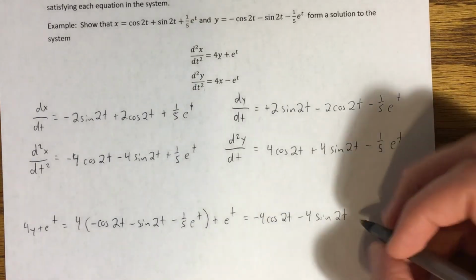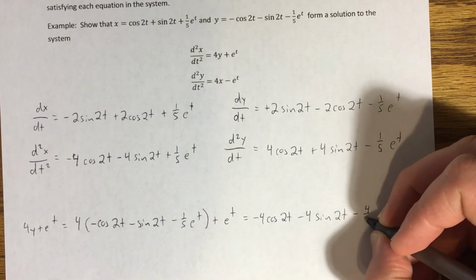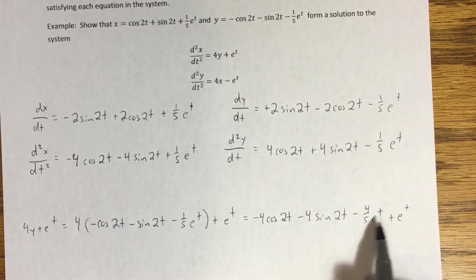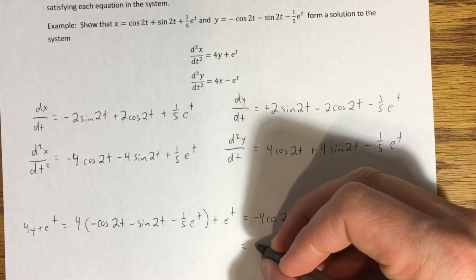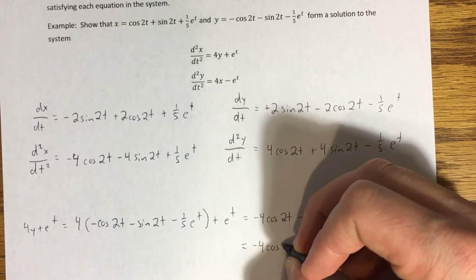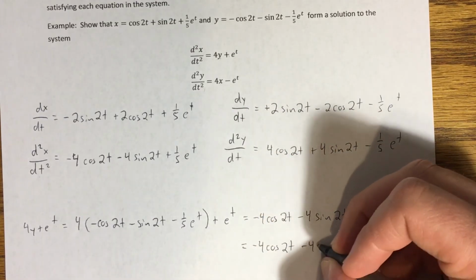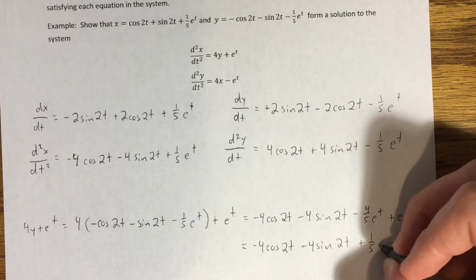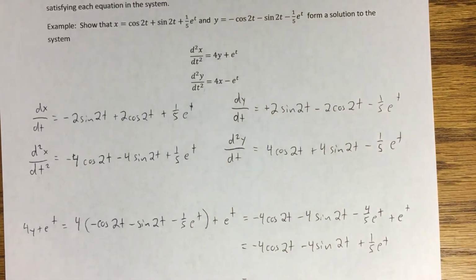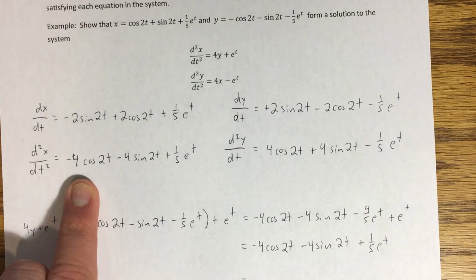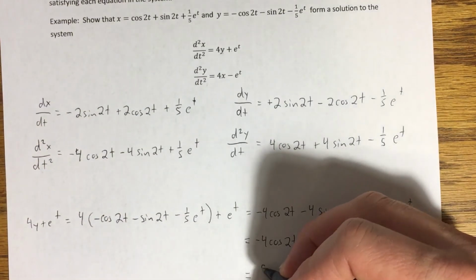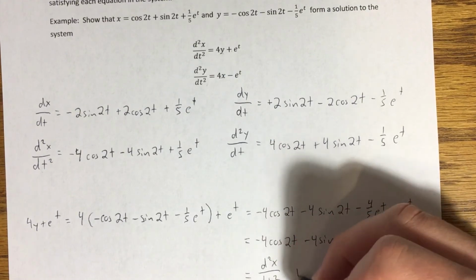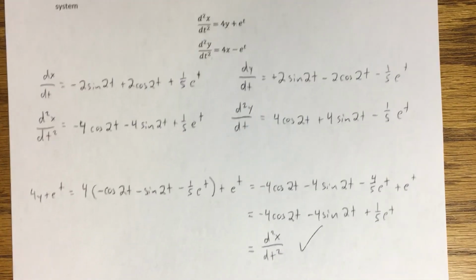This will become minus 4/5 e to the t plus e to the t. Adding these two common terms, I get negative 4 cosine of 2t minus 4 sine of 2t plus 1/5 e to the t. And if you notice, that's exactly what we had for our second derivative up there. Okay? Check. We verified that first equation.